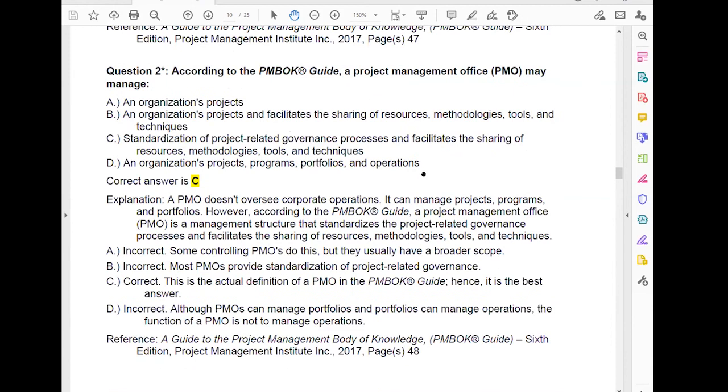Number 2. So the answer for number 2 is letter C. Standardization of project-related governance processes and facilitates the sharing of resources, methodologies, tools, and techniques. This is the job for the PMO based on the PMBOK guide. So normally, the exam is based on the PMBOK guide. So you just study the PMBOK guide. It is enough for you to pass the exam.